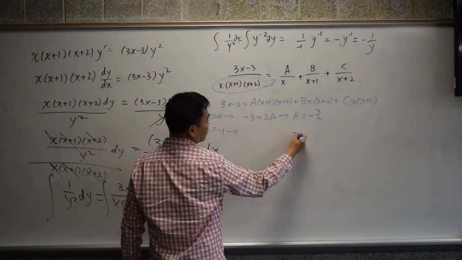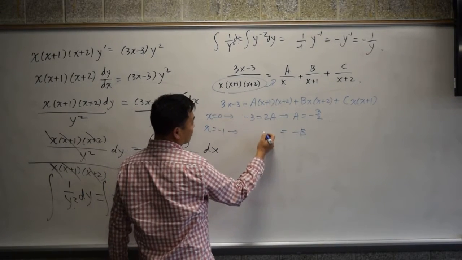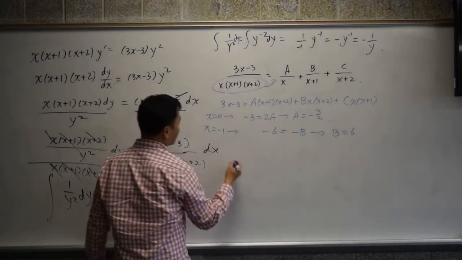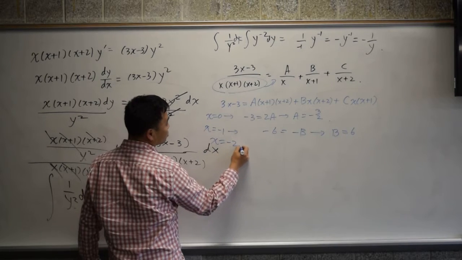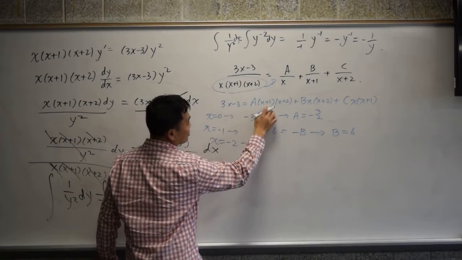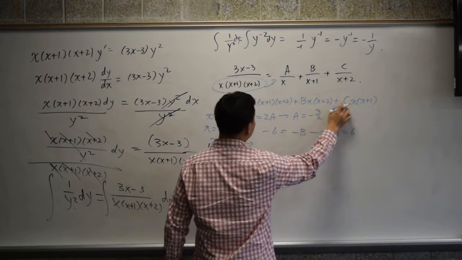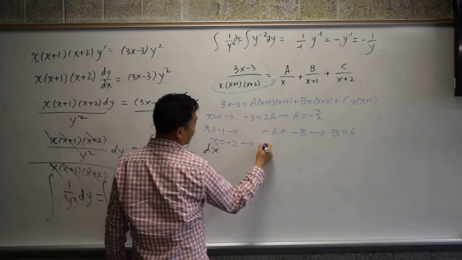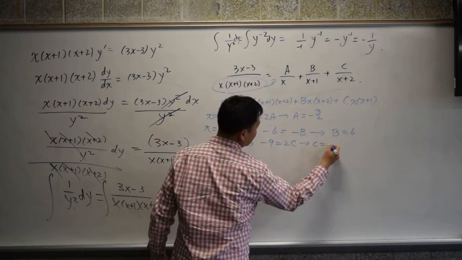So on the right side you get negative B, whereas on the left, negative 3 minus 3, that's negative 6, so you get B equals 6. And then if you have x equals negative 2, then these two disappear, whereas this one will be negative 1 times negative 2C. That will be 2C, whereas this one will be negative 9. So negative 9 equals 2C. That gives you C equals negative 9 over 2.